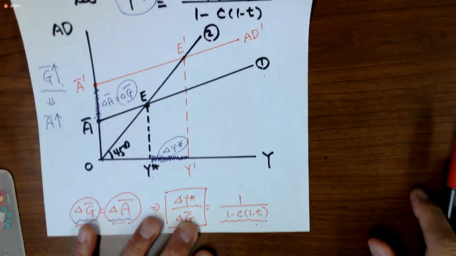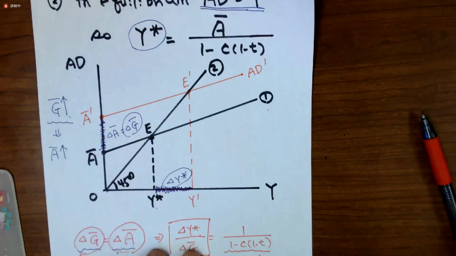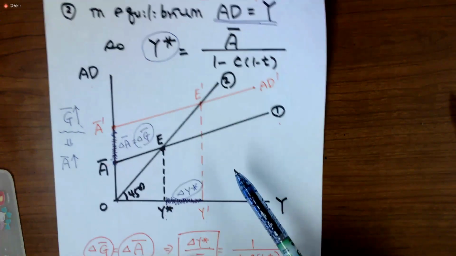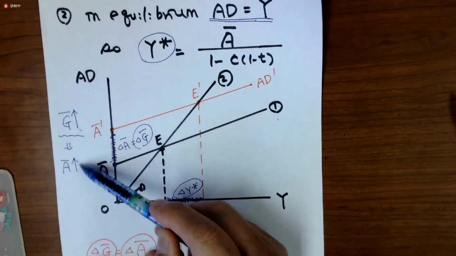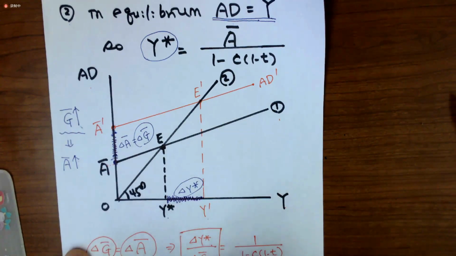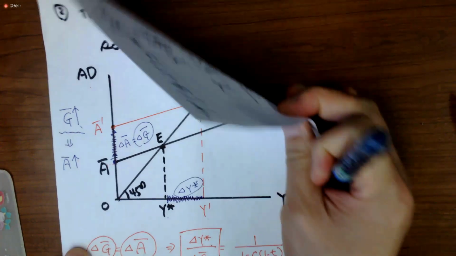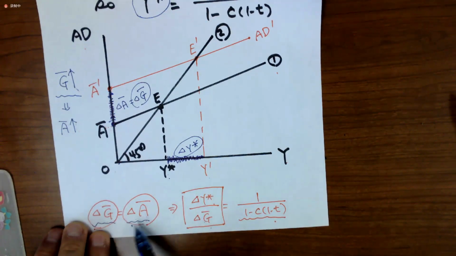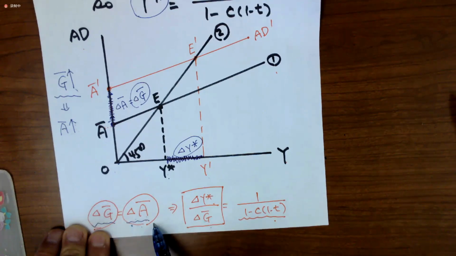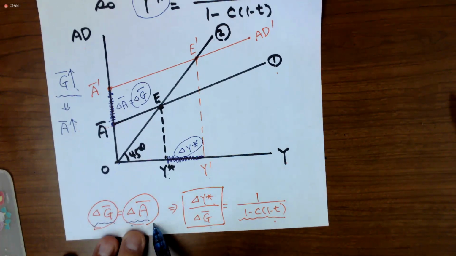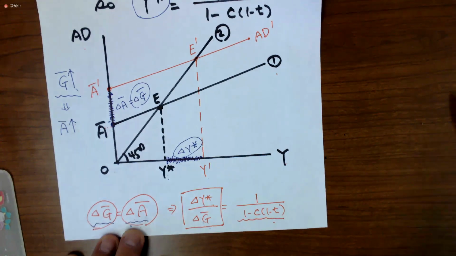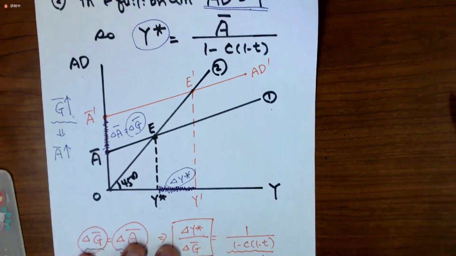Okay. So remember that this is the diagram we use to analyze what happens when there's a change in government spending, right? Yes. And this is the key feature of changes in government spending: they give us exactly the same amount of change in total autonomous spending. Agree? Okay. So now, what I want you to see is, think about this.